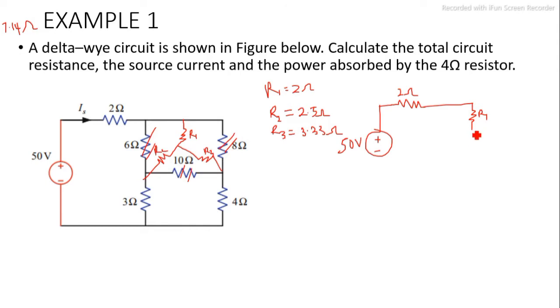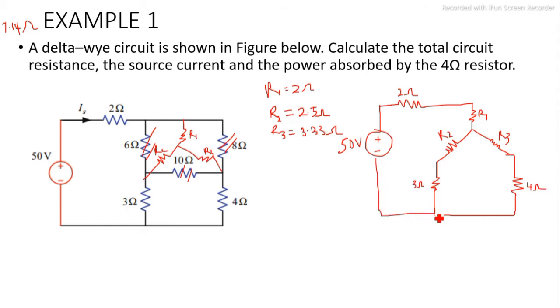Then your R2, then your R3. Then this comes down to your 3 ohms, and then to your 4 ohms. Then you have this to complete the circuit.